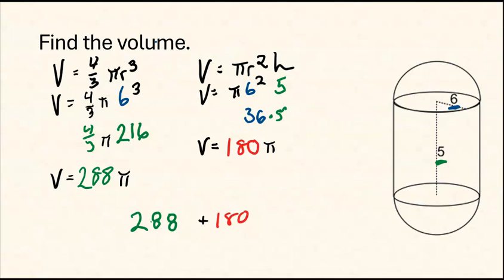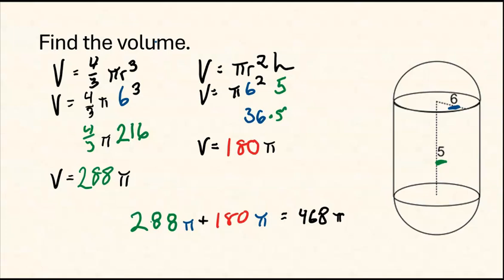The way I wrote this isn't proper. I really should include pi, but I'm going to make it a different color. All I have to do is add 288 plus 180, which is 468. Then I just have to add the pi to the end.